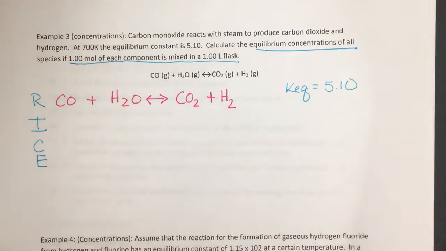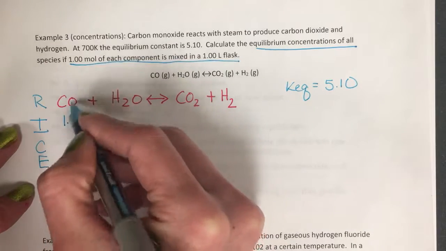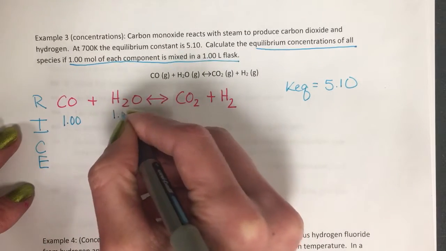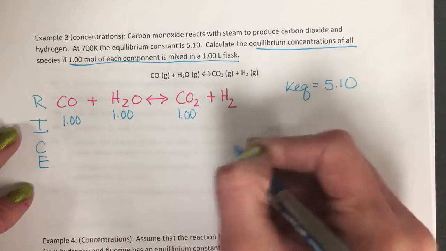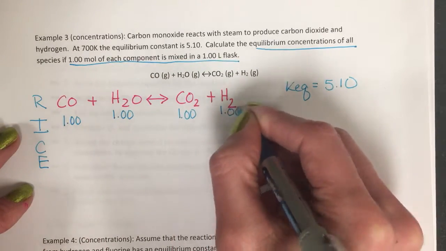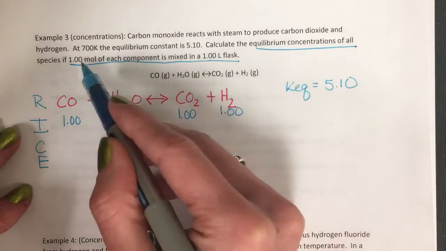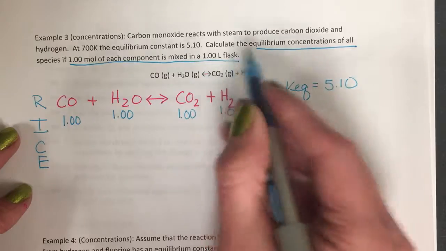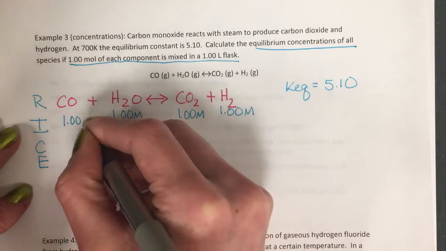So initially, I had 1 mole of this, 1 mole of this, 1 mole of this, and 1 mole of this. Okay? They're all 1 mole in 1 liter. So that's my concentration.